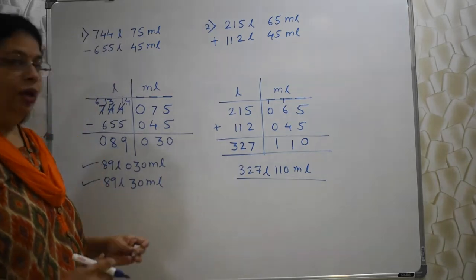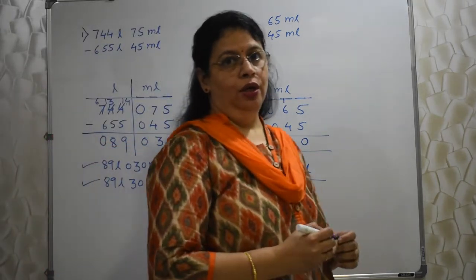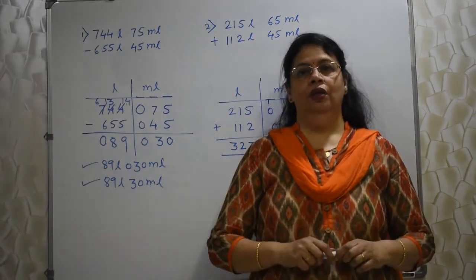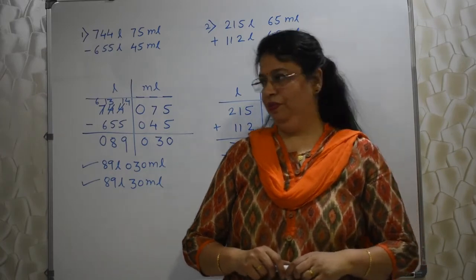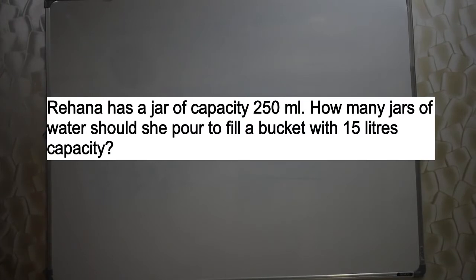Okay, let's begin with the actual sums right away. Students, you will see the sum on your screen now. Rehana has a jar of capacity 250 ml. How many jars of water should she pour to fill a bucket with capacity 15 liters of water?